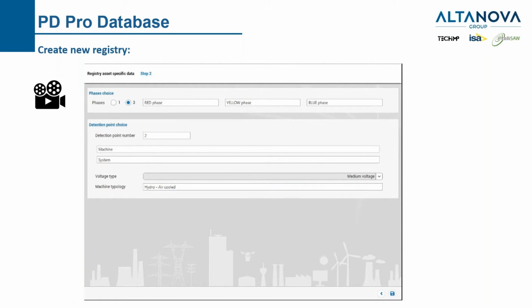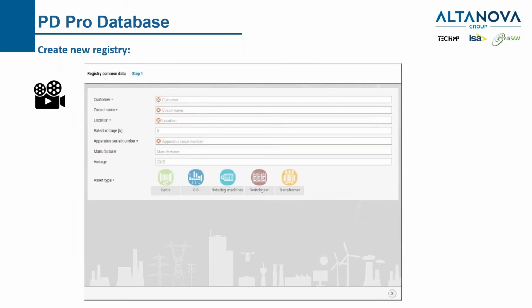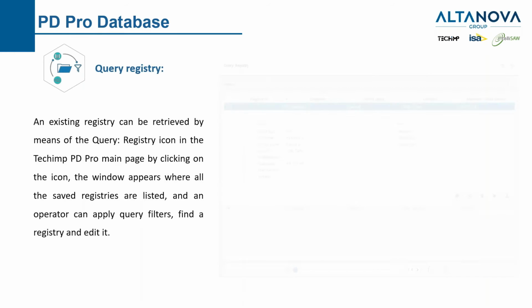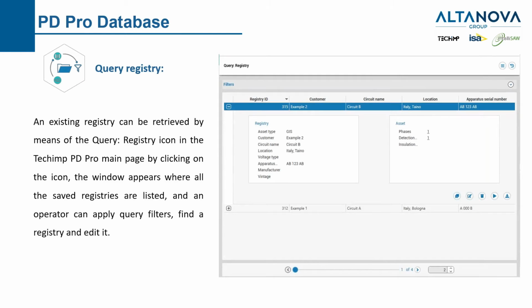So with just a few clicks and digits, we have created a map where we can save the data related to the specific asset. Then we have the function in the DB to query a registry. We can retrieve an existing registry using filters that you can find in the menu on the top of the window.